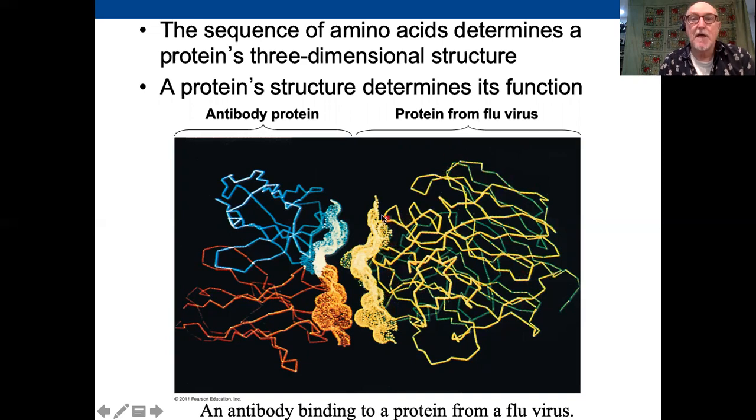Here it is here. Look at its shape. It has this very, very intricate three-dimensional shape. They've shown this here as a contour surface to give you an idea of the complexity. The body has produced an antibody in response to the presence of this protein.